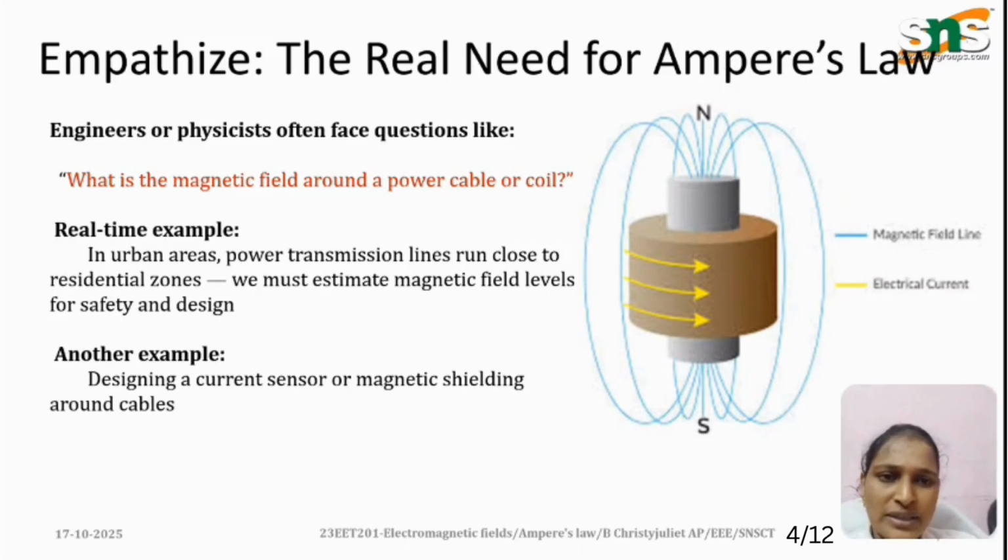Consider another example where we have to design a current sensor or a magnetic shielding around a cable. In order to do so, we need to have knowledge about what the magnetic field around the power cable is, how much it will be, and how it is produced.